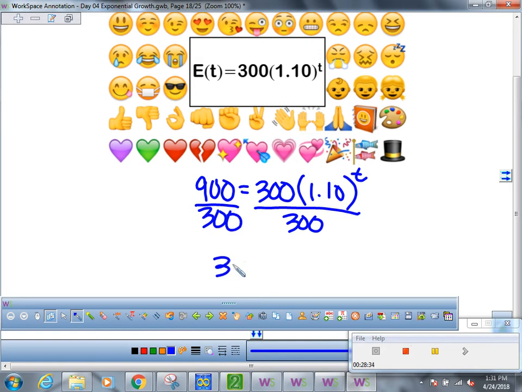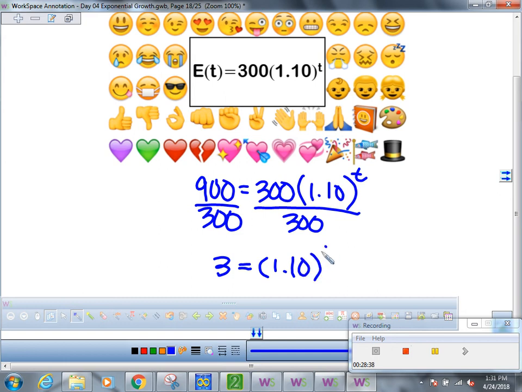and I get 3 equals 1.10 to the T. So does anybody know when you take 1.10 and put it to an exponent, you get 3? Any exponent. 1.10 to the 1, does that give me a 3? 1.10 to the 2, is that going to get me a 3? 1 to the 2 is 1, right?